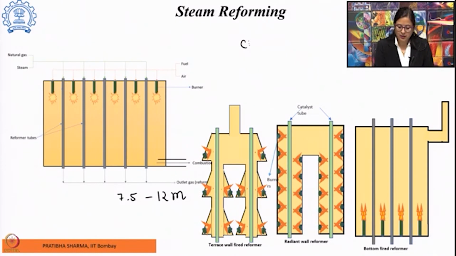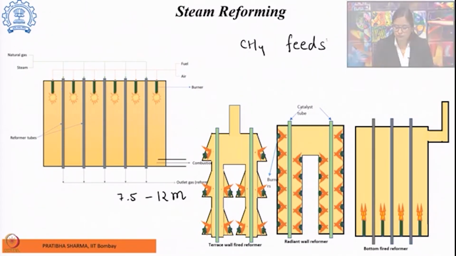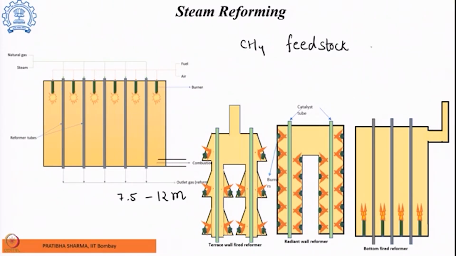So it is used for burning in the burners. The fuel and air mixture is passed through the burners and combusts, providing the required heat which is utilized for the reaction to take place.